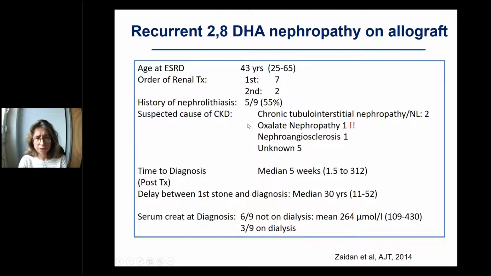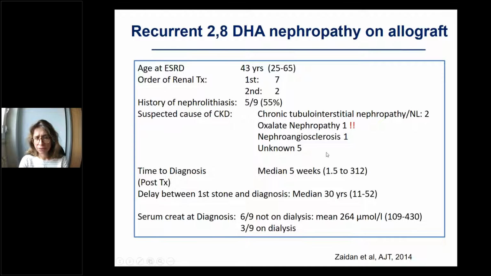And if you look at the suspected cause of chronic kidney disease in these patients, only 2 patients had something like tubulointerstitial nephropathy or nephrolithiasis. 1 patient was considered as oxalate nephropathy, and 1 had nephrosclerosis, and 5 unknown.